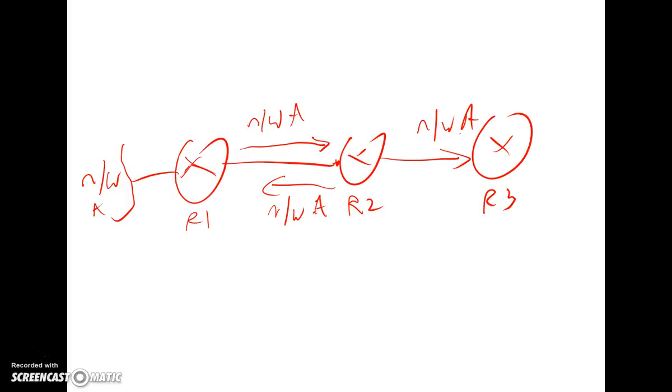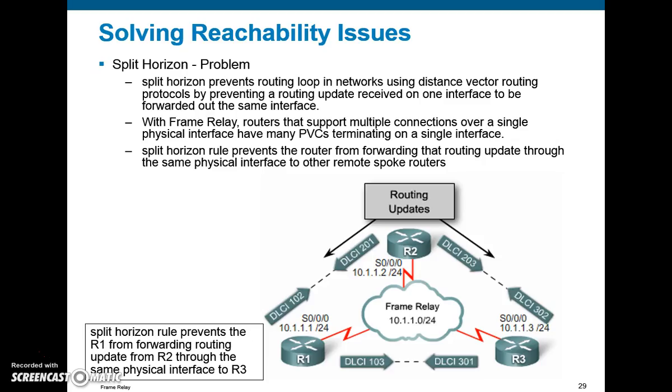But this creates a problem in frame relay, because one physical interface can connect to multiple destinations, since we are using DLCI numbers.